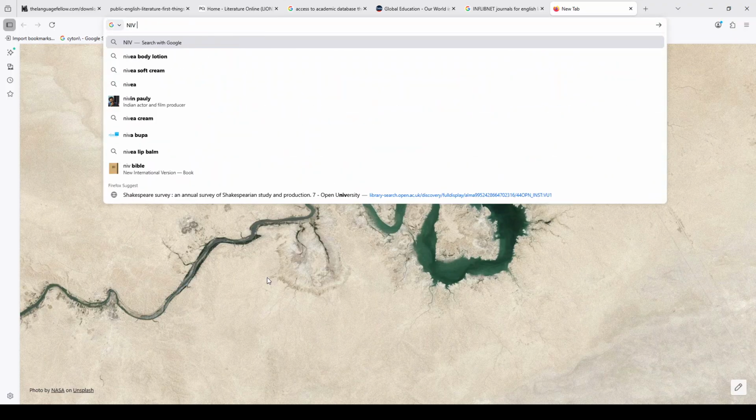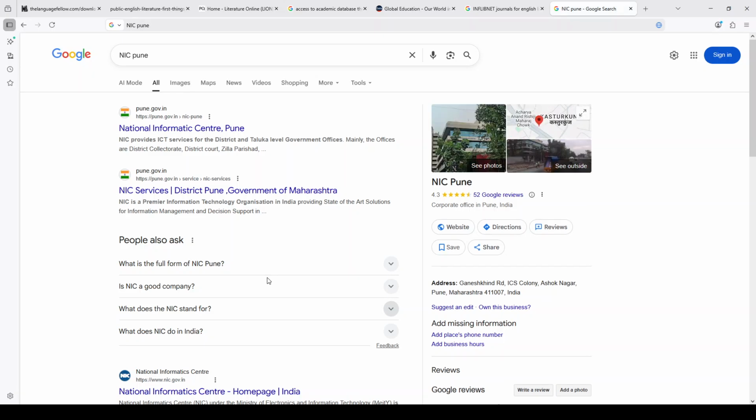And by the way, you should know NIC, NIC Pune. In any case, it'll be part of public service commissions, state and national alike. And for UGC NET, I would recommend you to know about these things anyway.